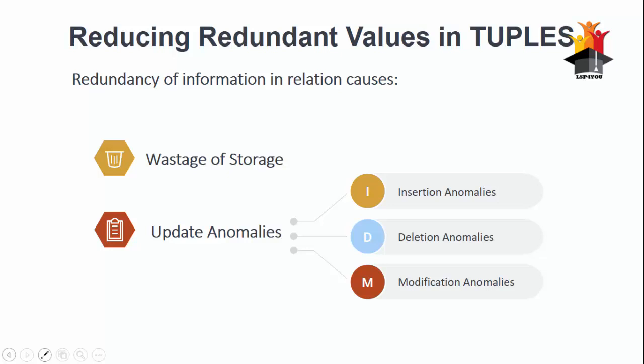Redundancy of information in relation causes wastage of storage and update anomalies such as insertion anomaly, deletion anomalies, and modification anomalies. Because of duplication of data, there is wastage of storage space. We'll consider an instance of the employee department relation, which is used to store the information about employees working in a particular department.